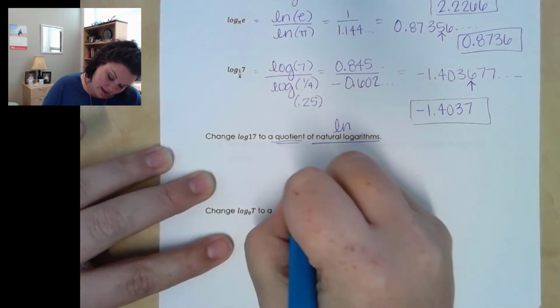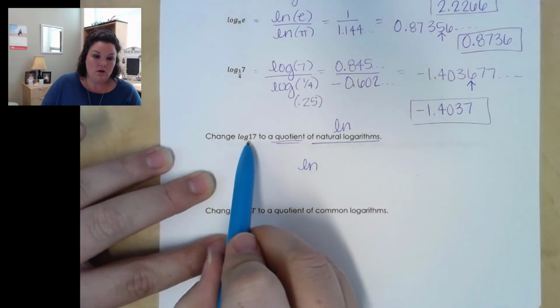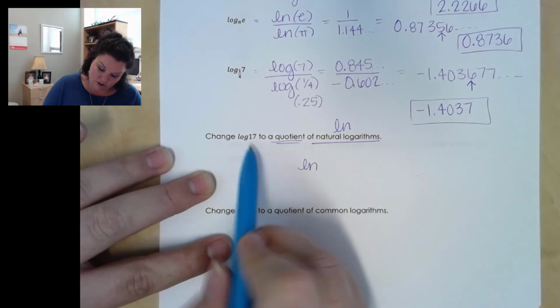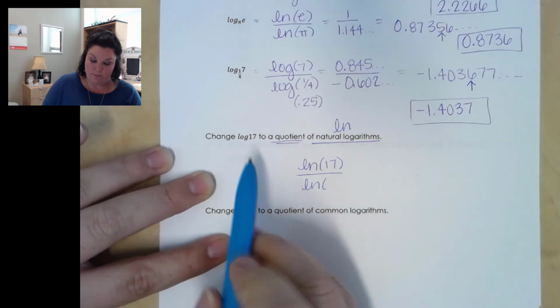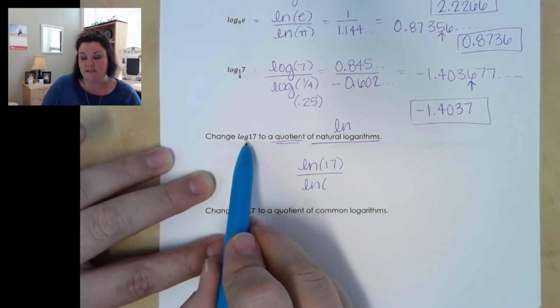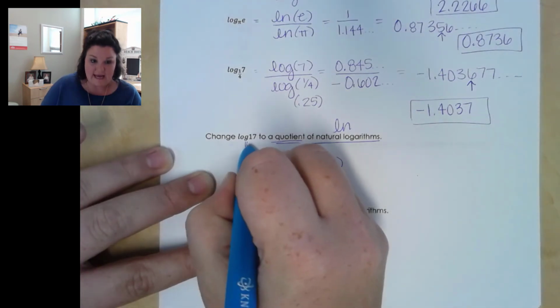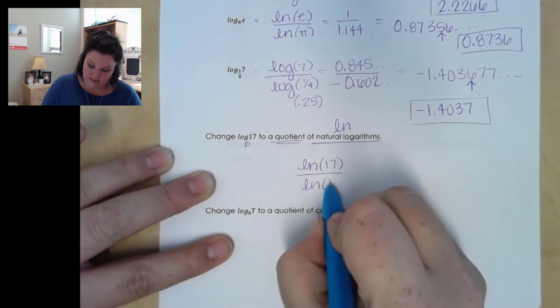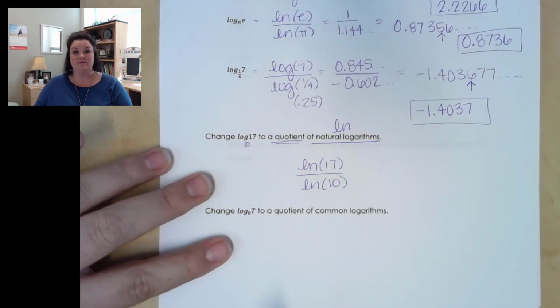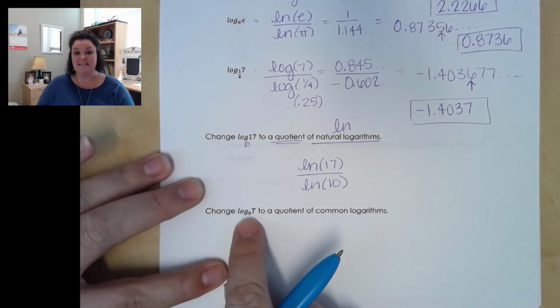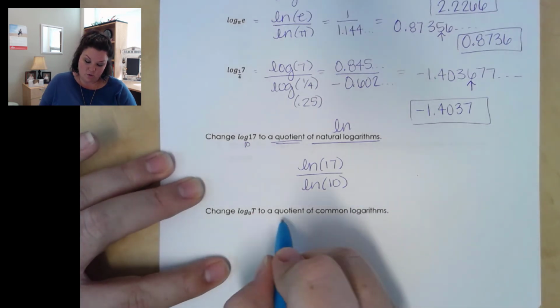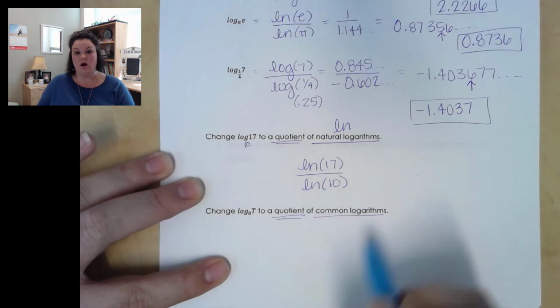So this means we're going to do ln of our original inside number, which is 17, over ln of our original base, which notice here, if there's not a base written, that's an implied 10. Okay, so ln of 10. And then we would just leave it like that. Okay. Same thing on this next one. We have log base 8 of t, and we want to leave it as a quotient, but this time we want it written as a common log.